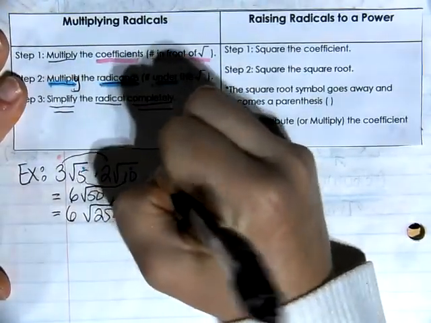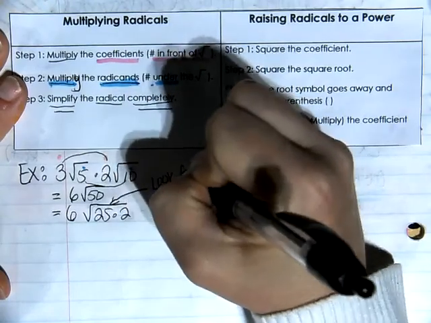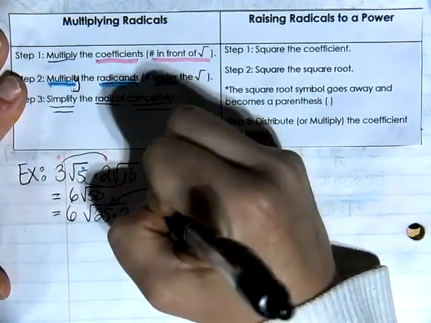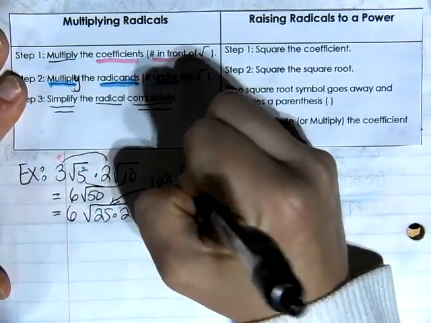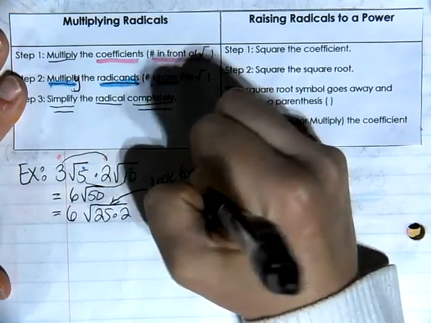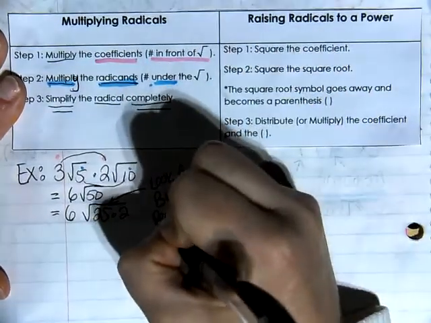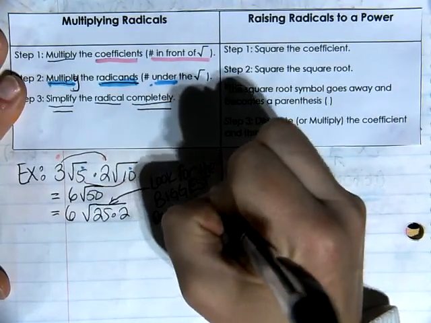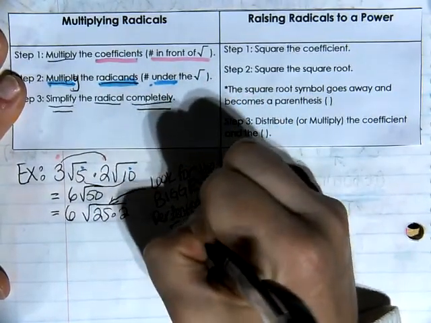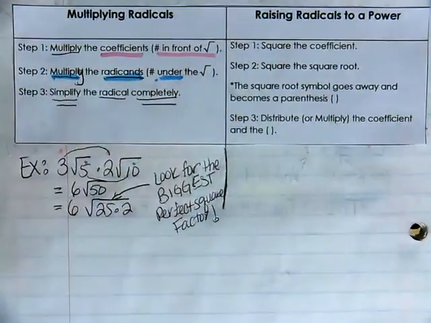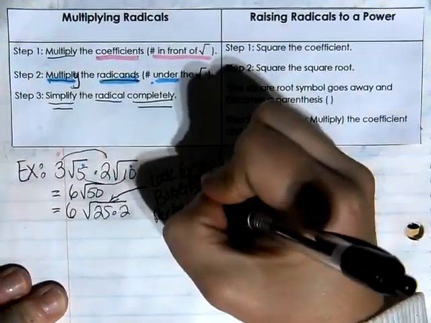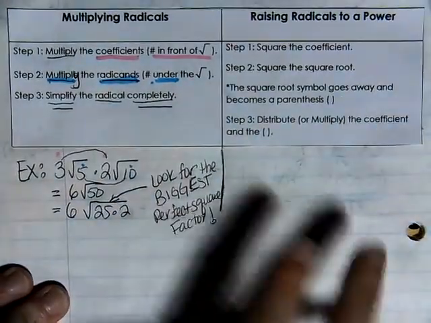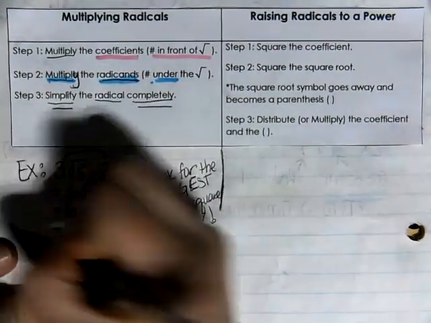Always look for the biggest perfect square factor. That's really, really important because the larger it is, the fewer steps we will have later on.